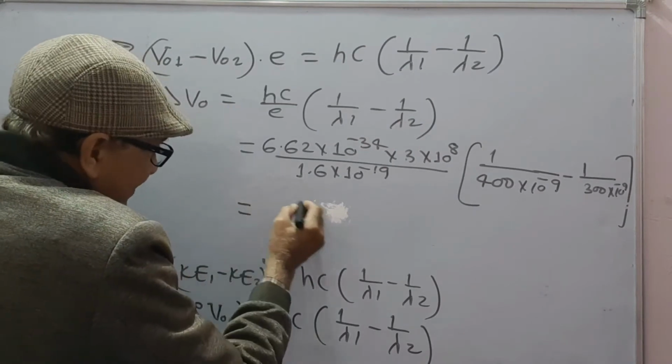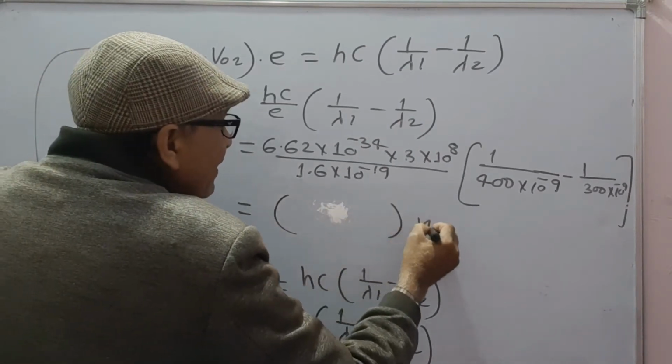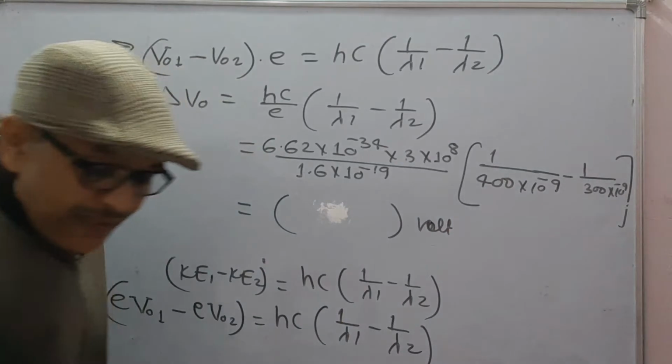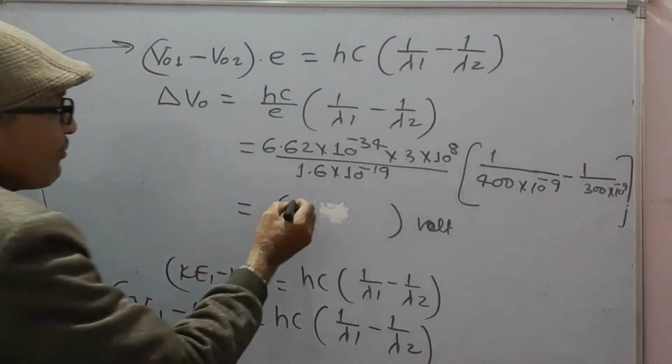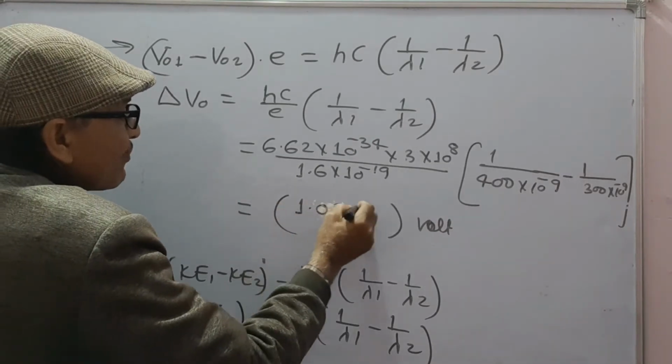On simplification, we get the change in stopping potential as 1.034 volts.